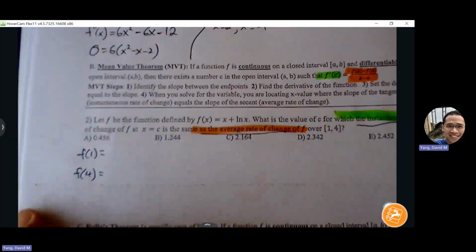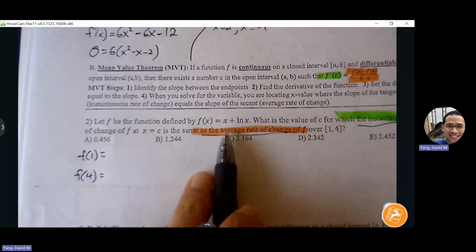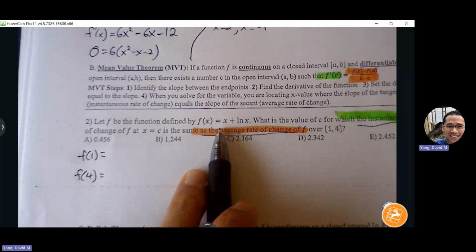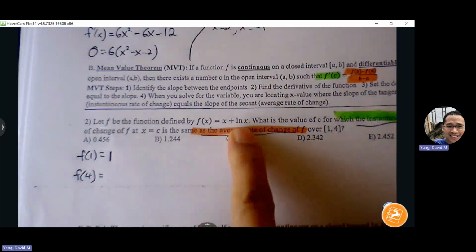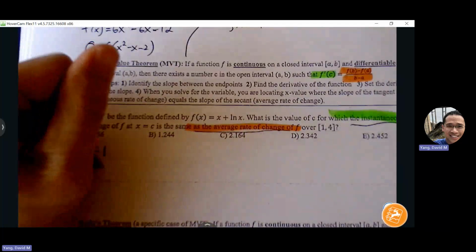And this is a calculator question, so we can enter 1 and 4 into the function using our calculator. So f of 1 is 1 plus natural log of 1, which is 1. F of 4 is 4 plus natural log of 4, which is around 5.3.